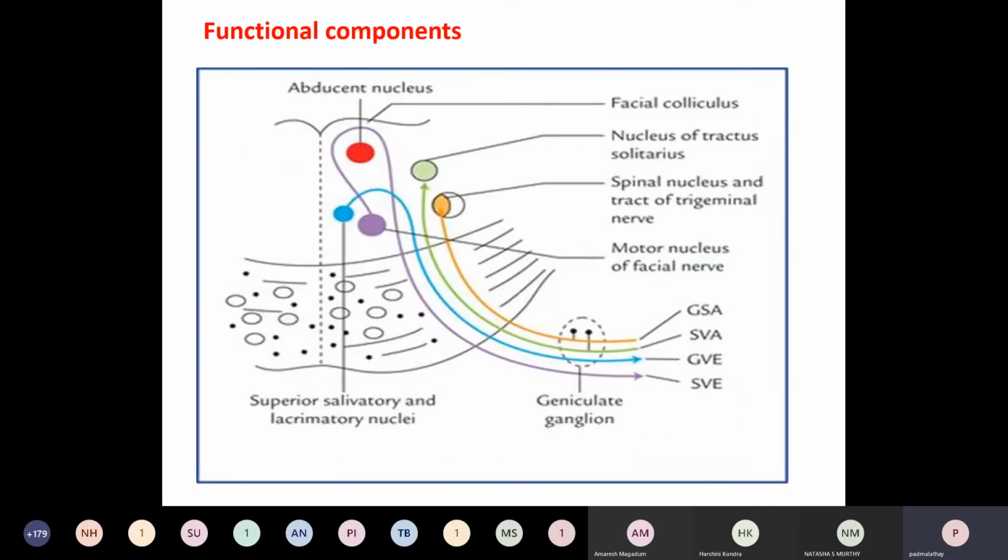So the functional components of the cranial nerve nuclei present at this level: you have seen there is a motor nucleus of the facial nerve, then the salivatory nucleus, abducent nucleus, trigeminal nucleus and nucleus of tractus solitarius. So these are the functional components.